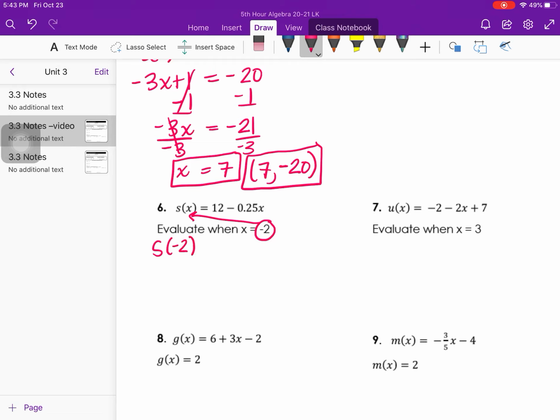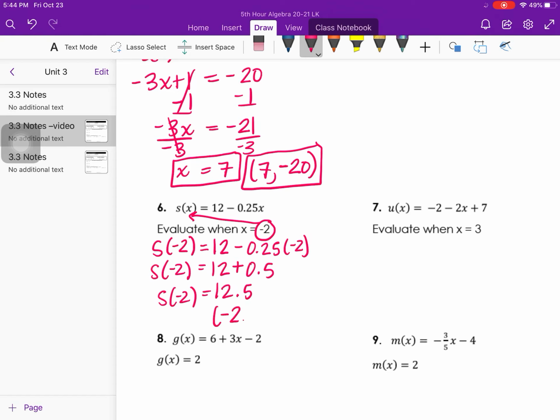So the value of the function at negative 2 is equal to 12 minus 0.25 times negative 2. 12, and then a negative times a negative will give me a positive, and that will be 0.5. So s of negative 2 is 12.5. And if I'm going to express that in an ordered pair, I can show that my input is negative 2 and my output is 12.5.